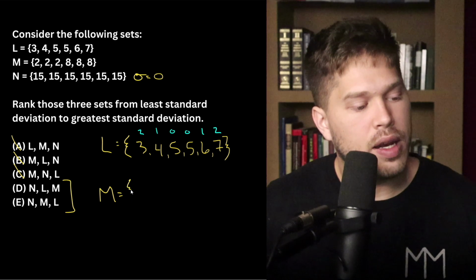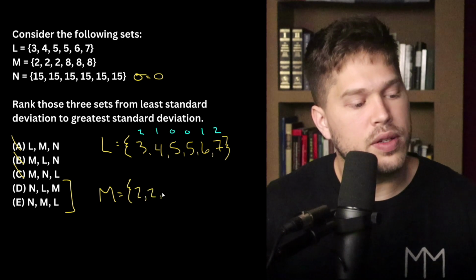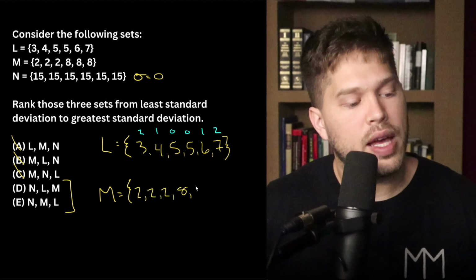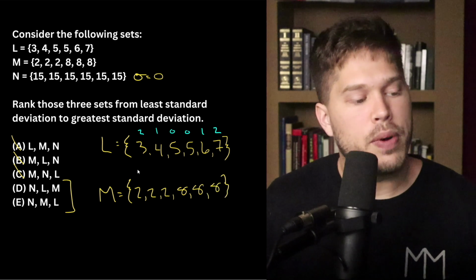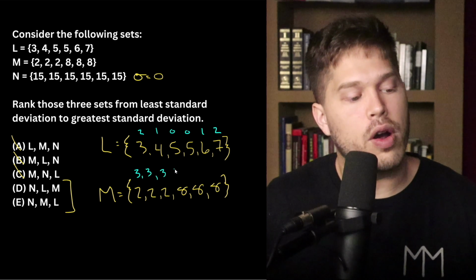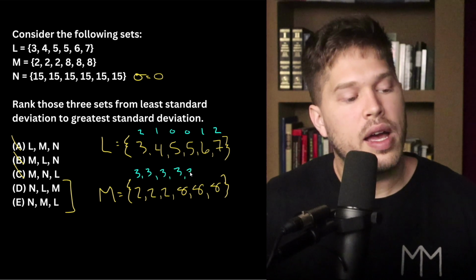M is made up of 3 2s and 3 8s. So the mean is again 5, but the spread is uniform. The spread of these numbers are all 3 away.